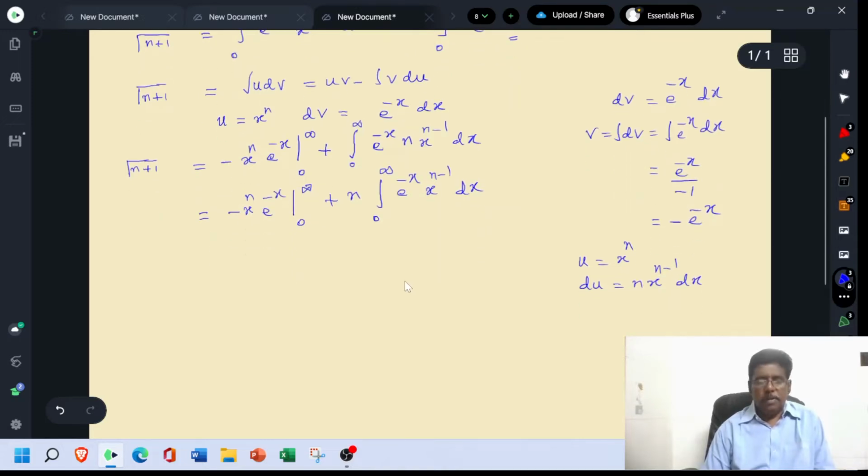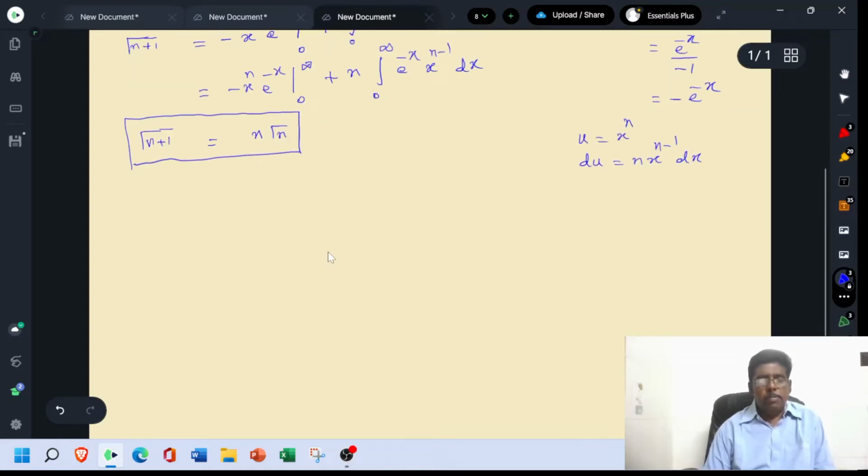Here this quantity is 0. This n times the integral of e power minus x, x power n minus 1 dx from 0 to infinity is our gamma n. Therefore, gamma of n plus 1 equal to n gamma n. We have proved this.